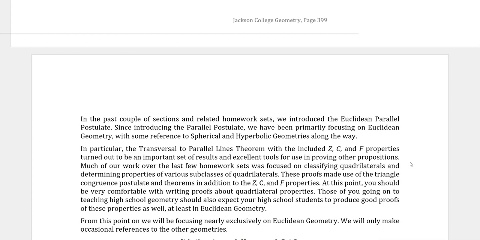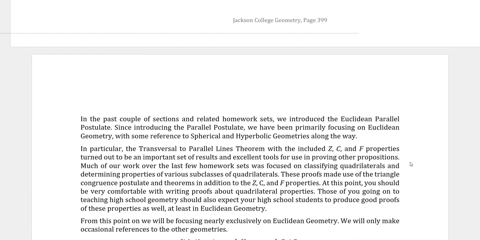Some of these proofs made use of the triangle congruence postulate, the SAS postulate, and theorems like angle-angle-side, angle-side-angle, and side-side-side, the triangle congruence theorems. But they also made use of the Z, C, and F properties from the transversal to parallel lines theorem. Those were our important main tools for doing that. So at this point, you should be very comfortable with writing proofs about quadrilateral properties, at least in Euclidean geometry.